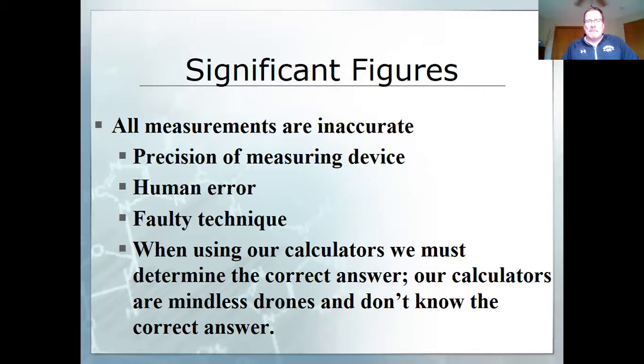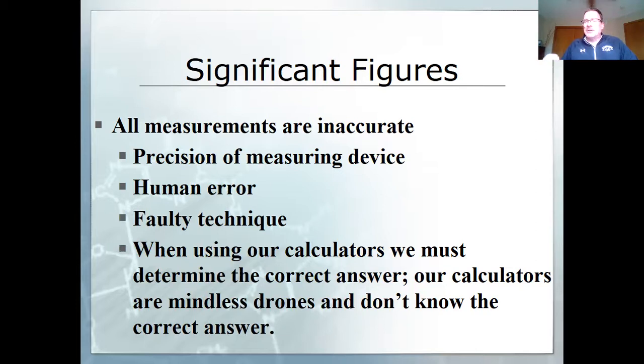So all measurements are inaccurate because you can't measure to infinity and beyond. It's how precise your measuring device is. Certainly there's human error. Certainly there's faulty technique. And again, when using calculators, we must determine the correct number of digits in our answer.